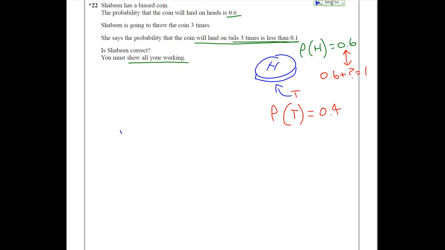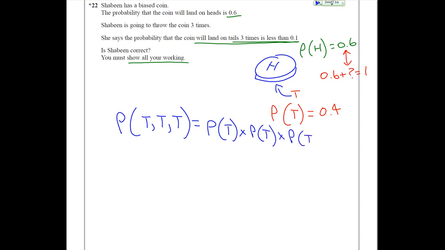If you want the probability of tail, tail, tail, you do the probability of a tail times the probability of another tail times the probability of another tail. Okay, which is 0.4 times 0.4 times 0.4. On your calculator, same as 0.4 to the power of 3. And you get 0.064.